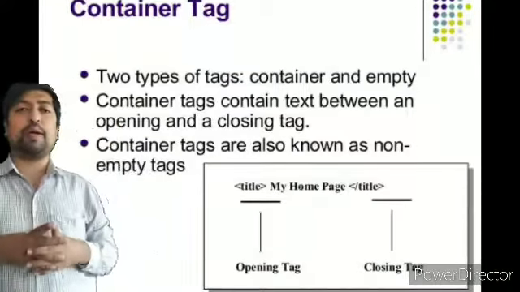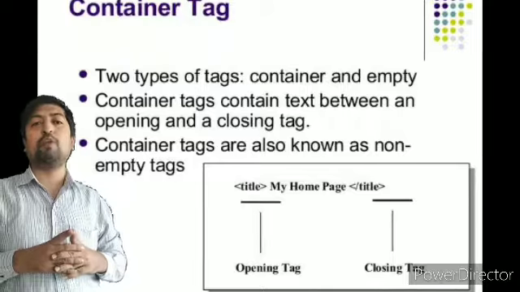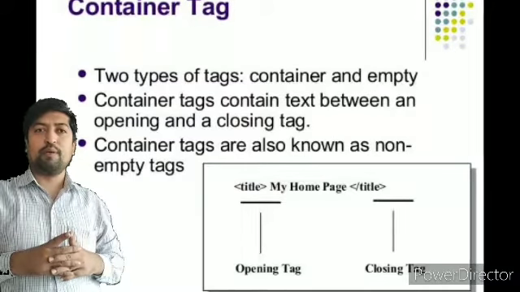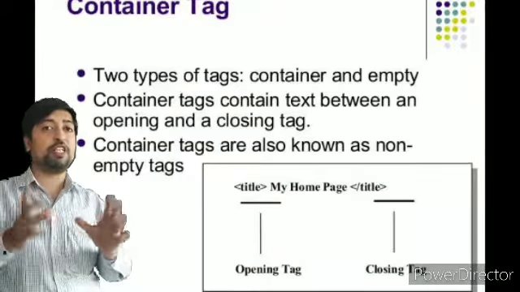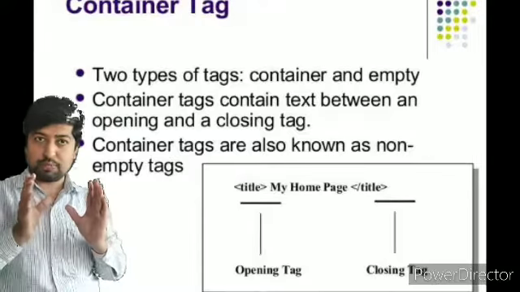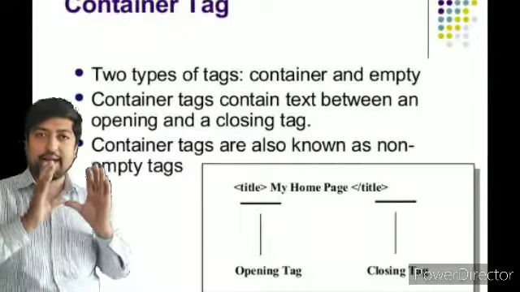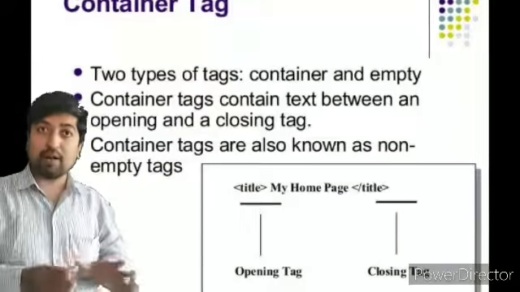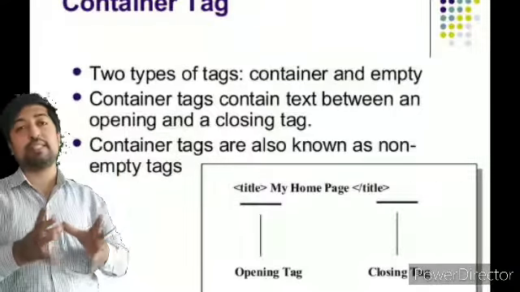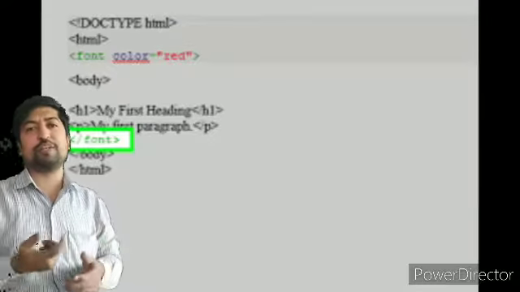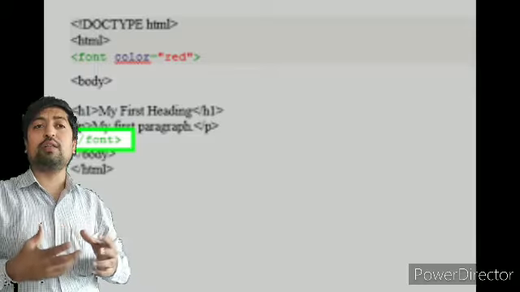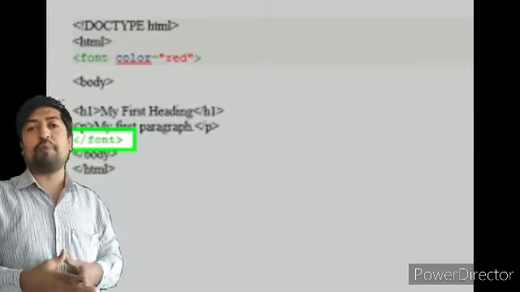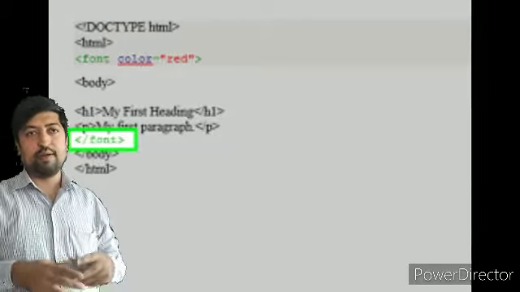The different types of tags will be useful for giving specific changes to a specific word, character, number, or a single sentence. You can change a part of your document.